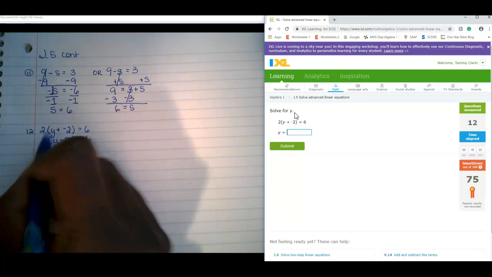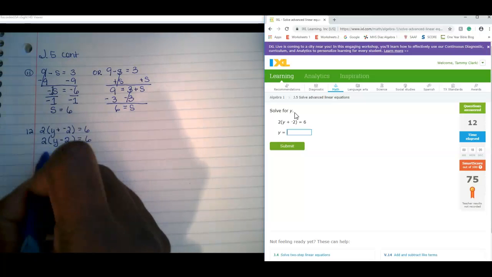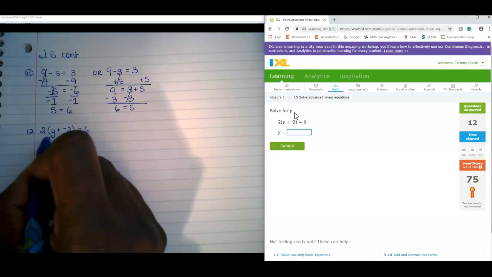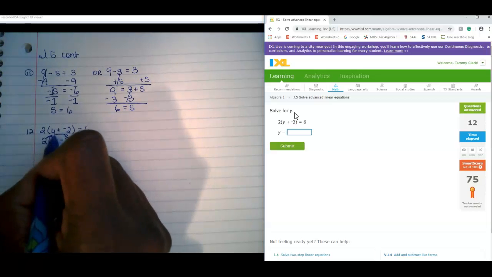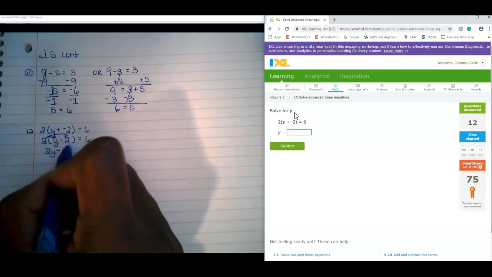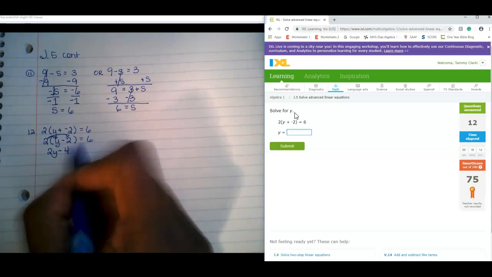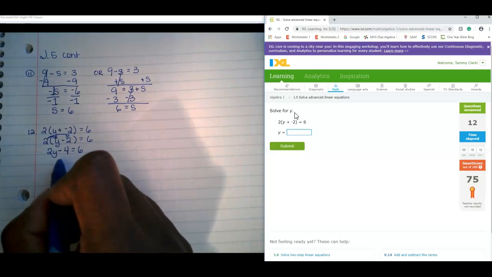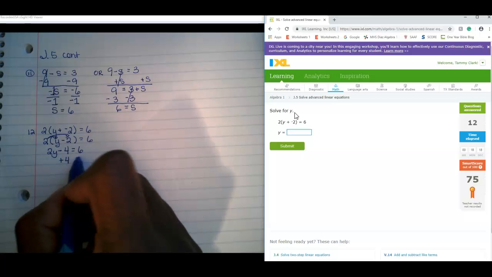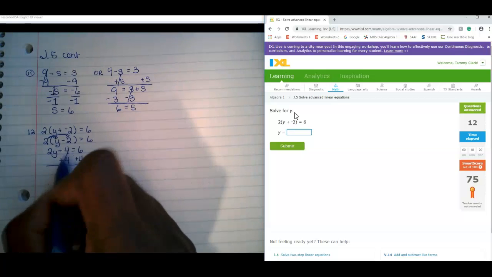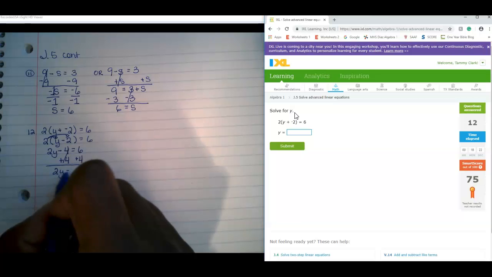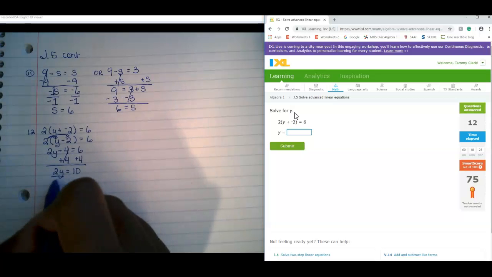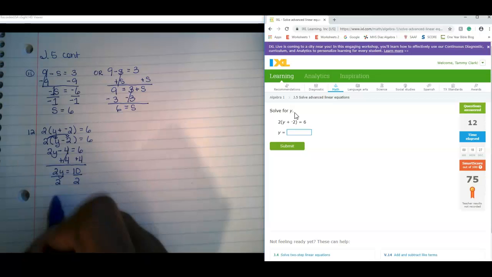So I can distribute: 2 times y is 2y, 2 times negative 2 is negative 4, equals 6. I'm going to add 4 to both sides of the equation. I have 2y is equal to 10. I'm going to divide by 2 on both sides of the equation, and that gives me y is equal to 5.